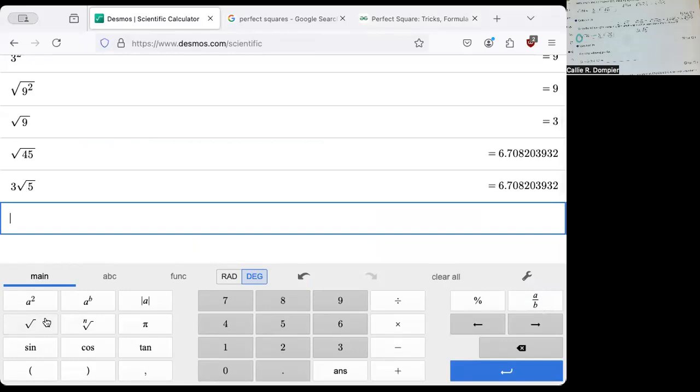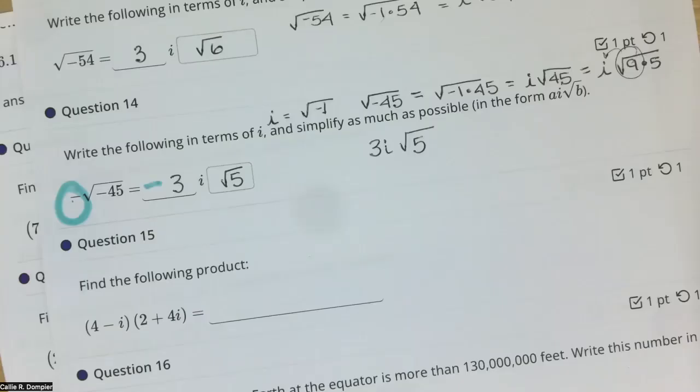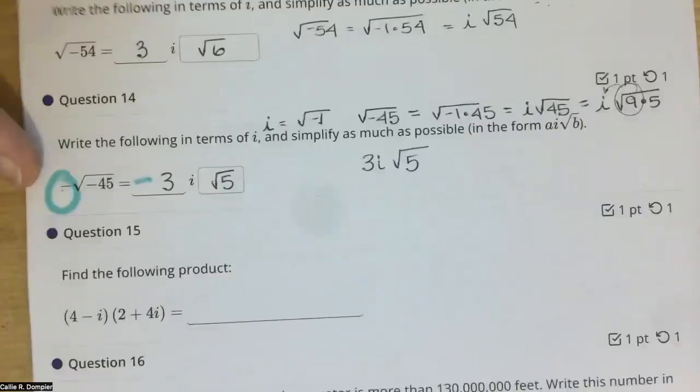And you can even do negative 45. Don't put the negative under, obviously. So whatever your answer is, you can make sure that it looks the same as what you started with when you put it into the calculator in terms of decimals. Good. Okay. Find the following product.